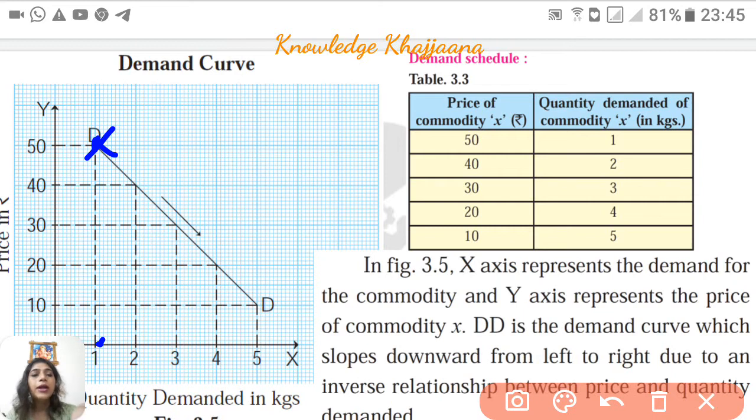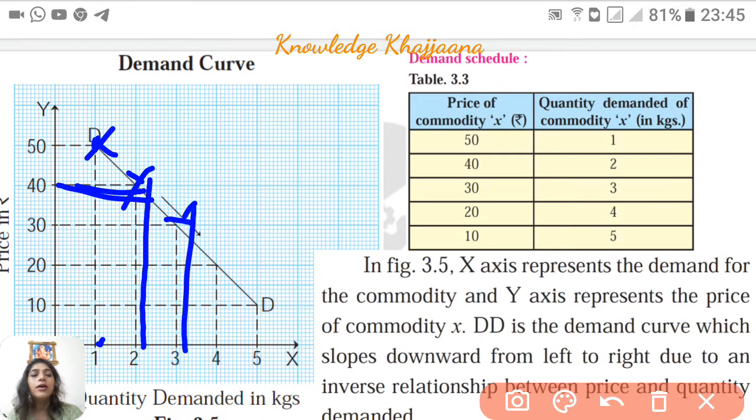Okay, at the price of rupees 40, quantity demanded is 2. See, you have to refer to the y-axis for price and the x-axis for quantity demanded. Okay, with the falling price to rupees 30, quantity demanded is 3.